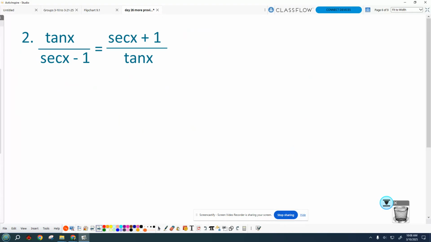Can you guys try this one? Maybe write it down. And this one, both sides stink. So as a class, I'd like you all to try. Brianna, which side do you want to start on, right or the left? Left. So they both stink. I want you guys to try it by working on the left.